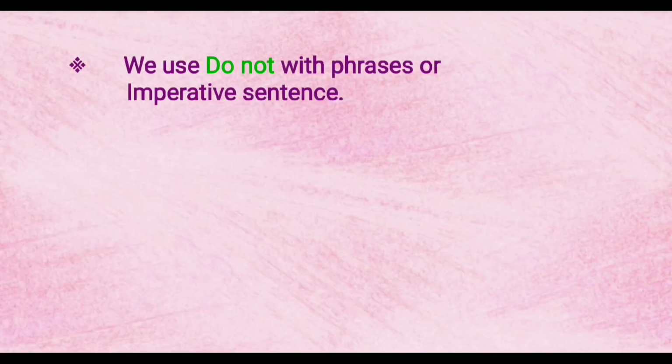So now we are moving on to the next verb, and they are the "do not" with phrases or imperative sentences. As I told you, phrases are called short sentences, small sentences, right?